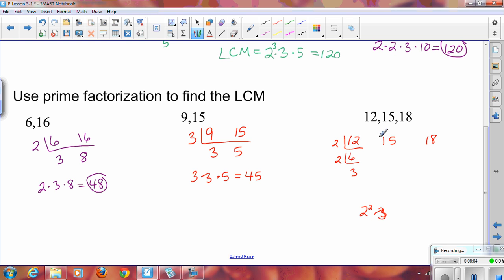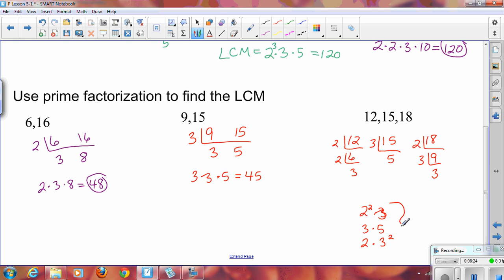Okay, 15 is 3 times 5. Okay, 18 is 2 times 3 times 3. So that's 2 times 3 squared.